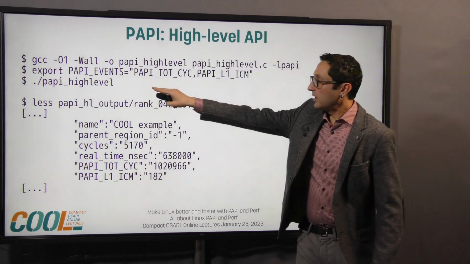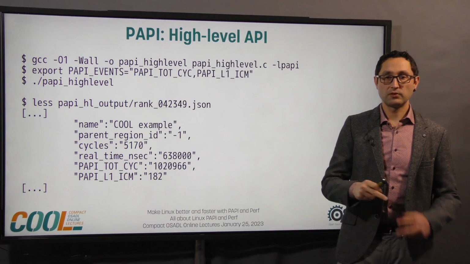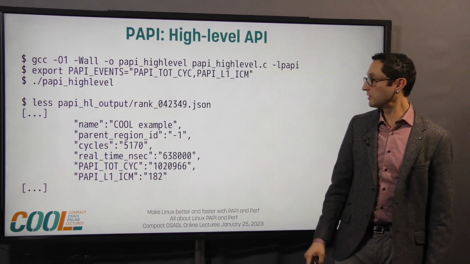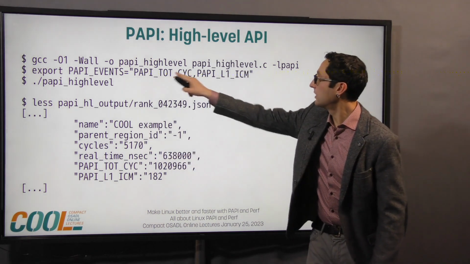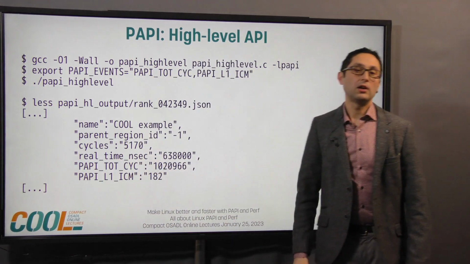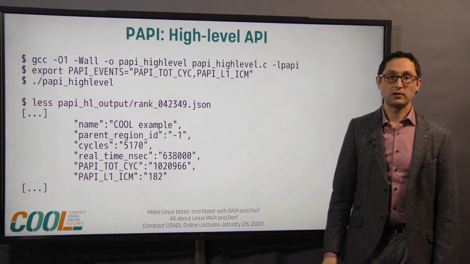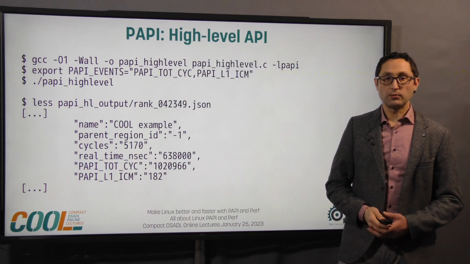We run the example, and automatically, when we stop the measurement, the result will be written into a JSON file, which basically looks like this. And you can see that the events we specified here will be in the status report that the high-level API creates for us. Look into the same example compiled with O2.